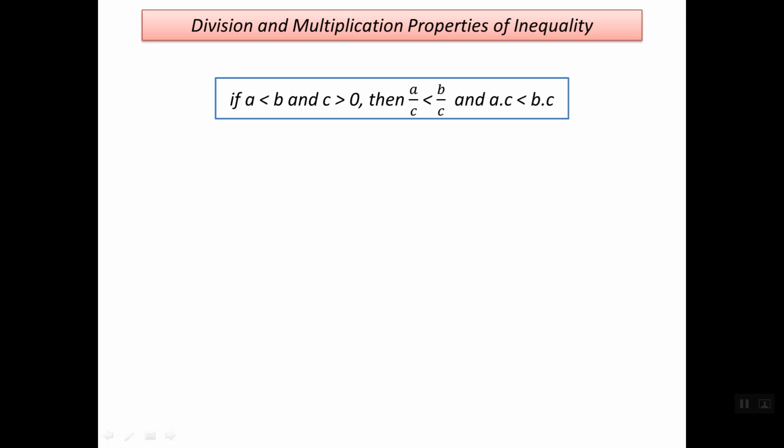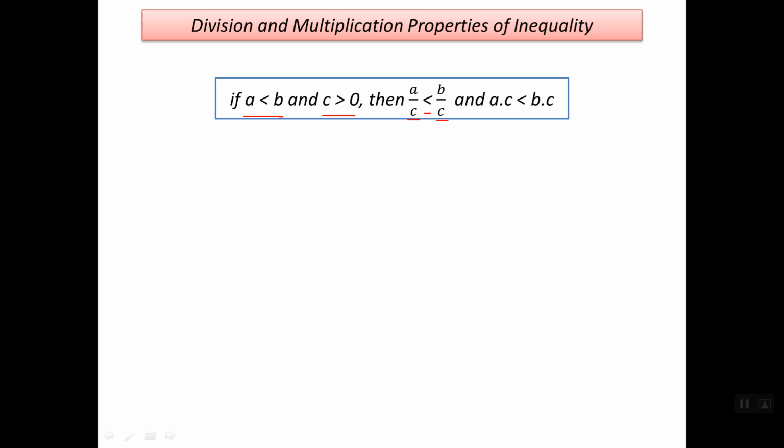For example, if we have an inequality A is less than B, and we have a positive number C, so C is greater than 0. If we divide the left side of the inequality by C, the right side should also be divided by the same value.